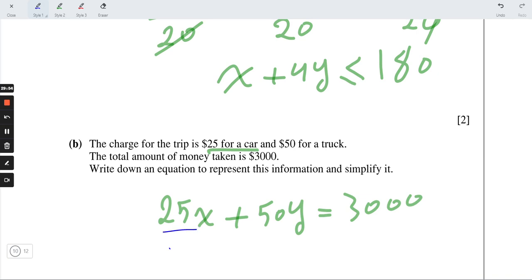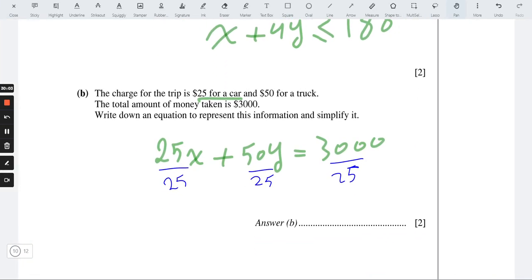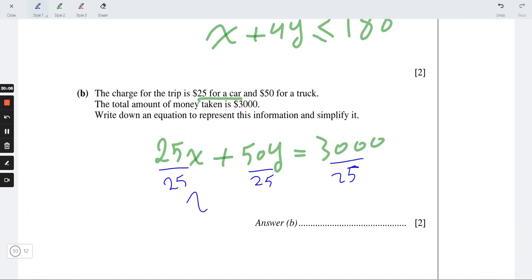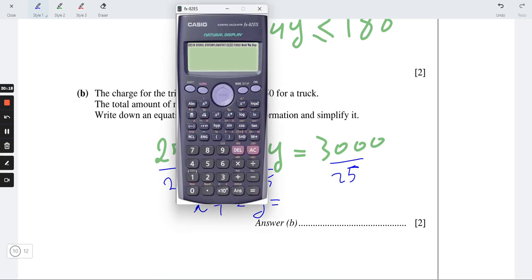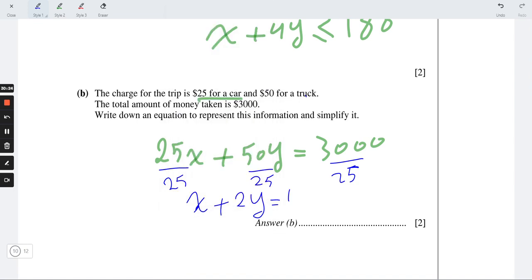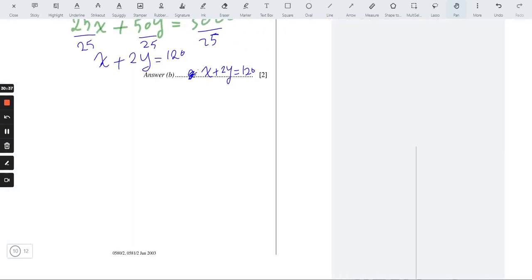Now divide by 25, so x plus 2y equals 3,000 divided by 25, which equals 120. So x plus 2y equals 120.